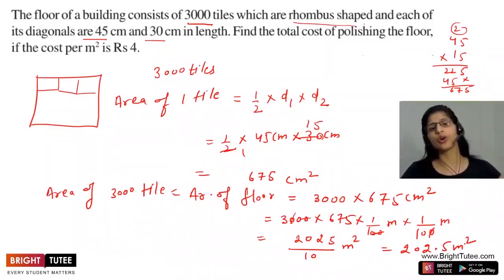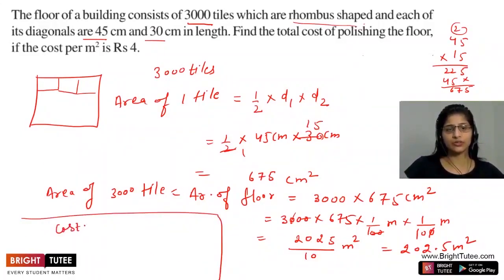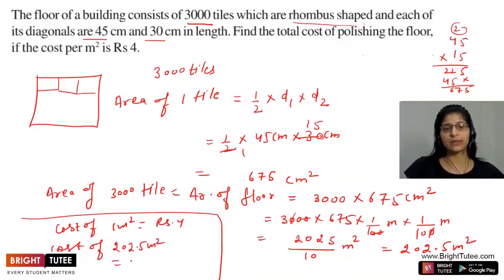Now we know the cost of 1 square meter, so you can just solve it here. Cost of 1 square meter, how much is it? Rupees 4. So we have to find the cost of the total floor, that is 202.5 square meter. So multiply 4 and 202.5. What are we going to get?